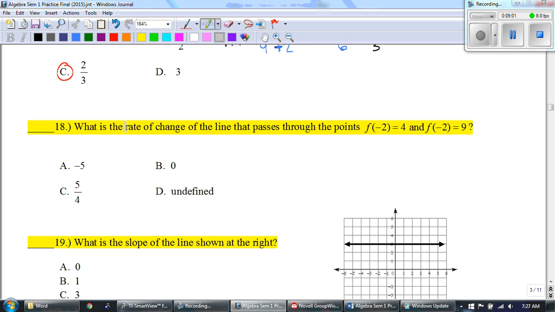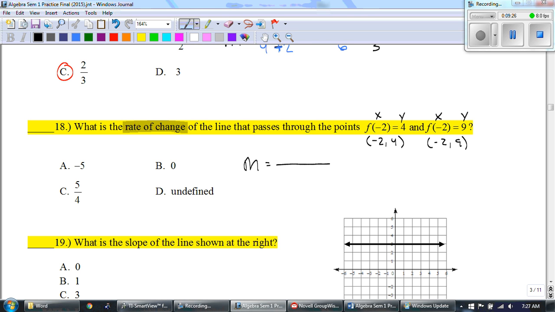Okay, so what is the rate of change? Just remember that rate of change is a fancy word for slope. So I need to take these 2 points that are in function notation and put them into points, because this is my x, this is my y, this is my x, this is my y.